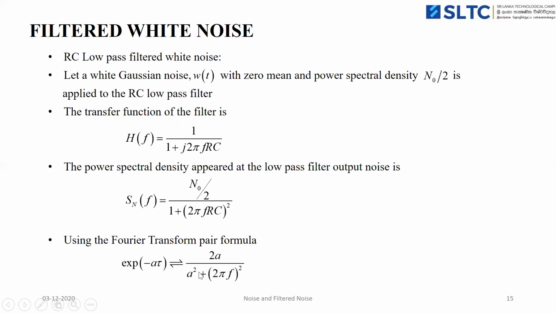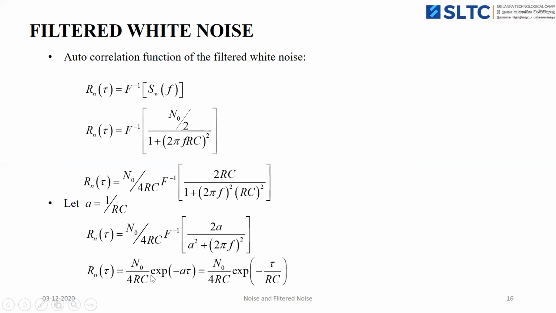We know 2A by A squared plus (2 pi f) whole squared corresponds to exponential of minus A tau. Therefore the autocorrelation function of the RC filtered white noise is N0 by 4RC, the constant coming as it is, times exponential of minus A tau. Substituting A equal to 1 by RC, we get the autocorrelation function equal to N0 by 4RC into exponential of minus tau by RC.